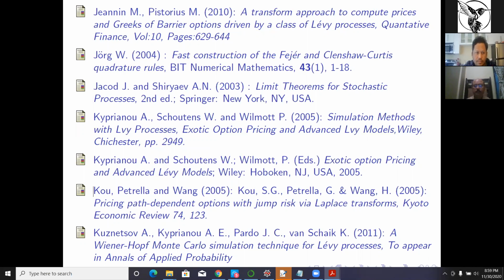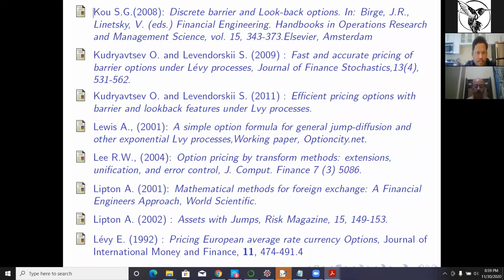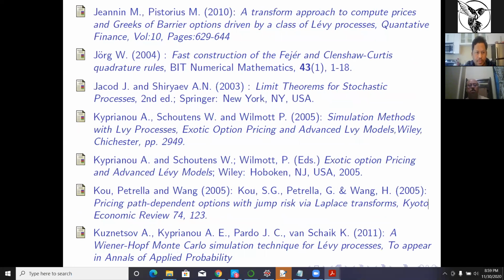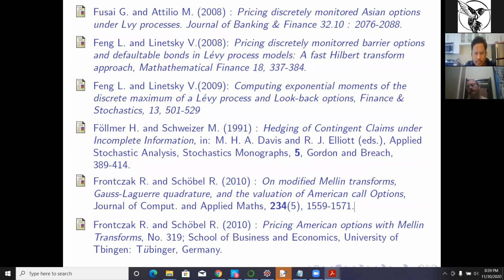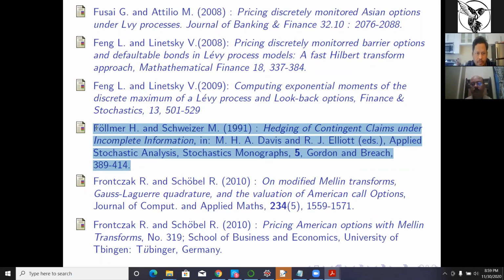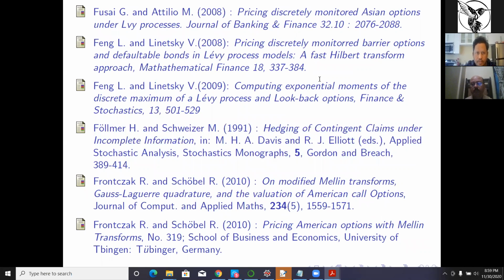So these are all the main papers where you will get a lot of material on pricing with the Levy process and also pricing and hedging in incomplete markets. But for hedging, I think these are the two papers: the Föllmer-Schweizer paper and the book by Rama Cont.